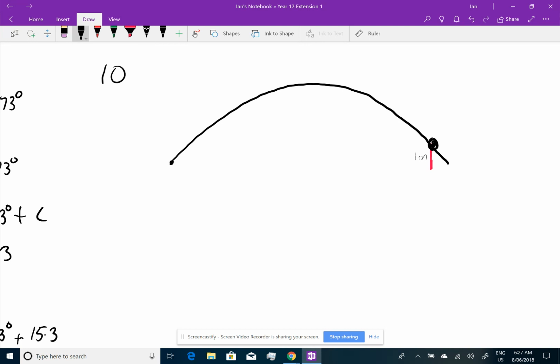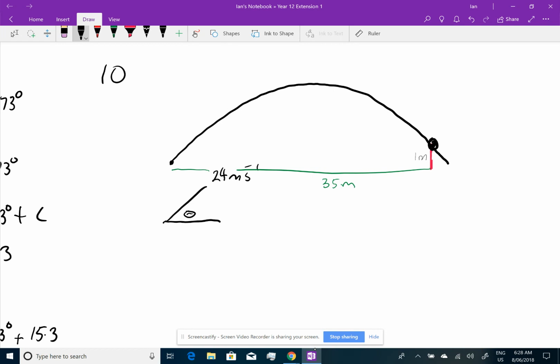Well, it was 24 metres per second. And we've got to find the angle to hit that target. And that target, that's really badly drawn. Let's get rid of that. That target was 35 metres away. All right, let's go.